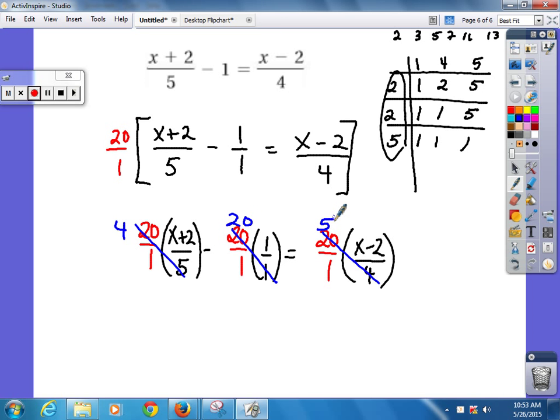That's going to give you 4, 20, and 5, and then your x plus 2.